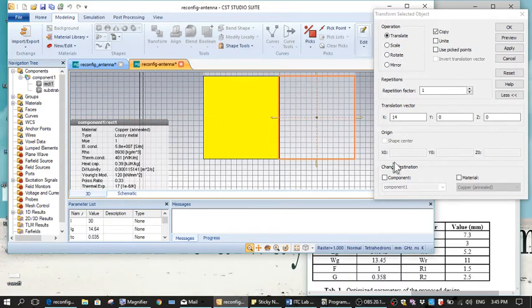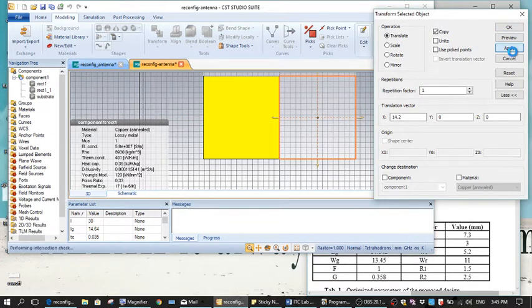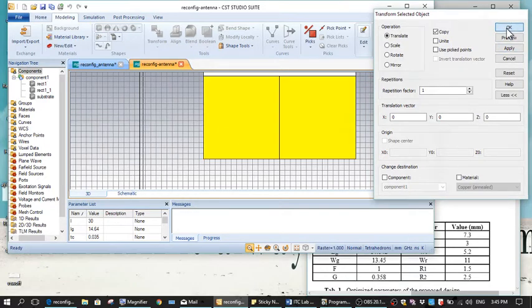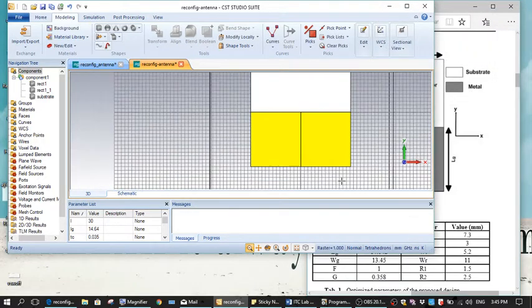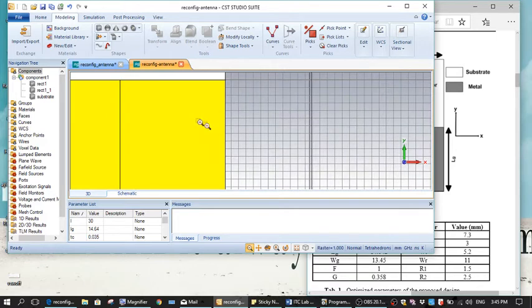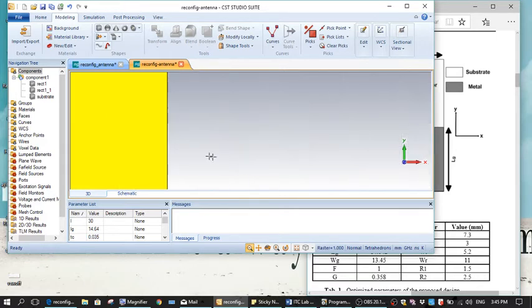Okay. Preview and apply. Let's make it okay. Let's see if it's in the boundary. I think it's in the boundary.